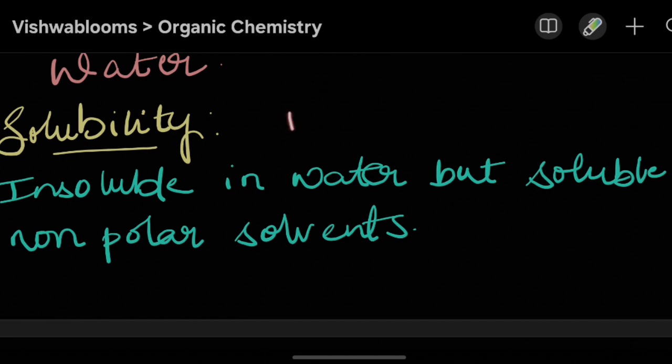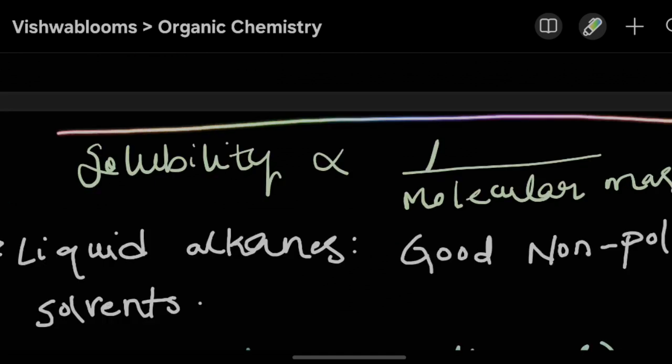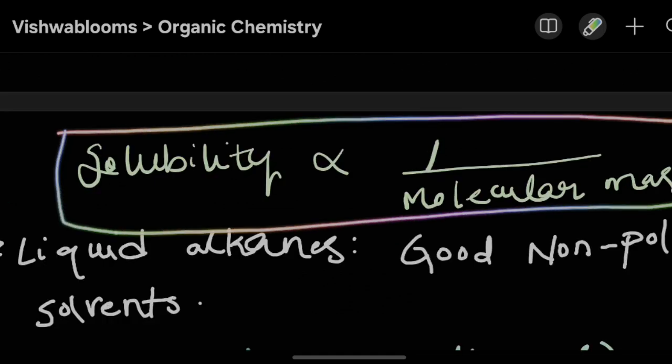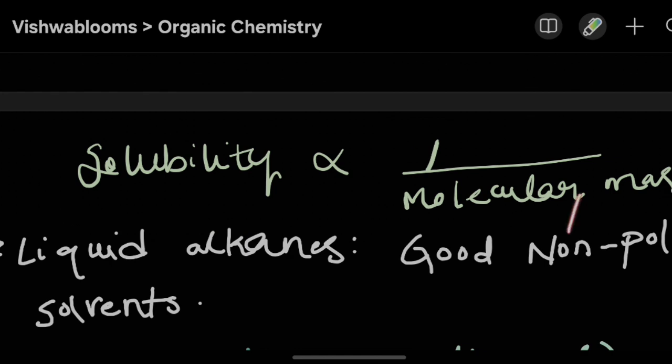See, alkanes are non-polar in nature, so they are insoluble in water, but they are soluble in non-polar solvents. Solubility is inversely proportional to the molecular mass. That means the higher the molecular mass, the lower its solubility. So for higher solubility we need lower molecular mass.